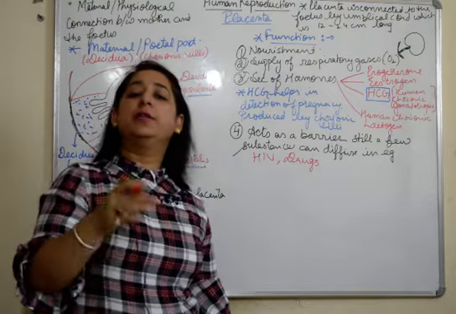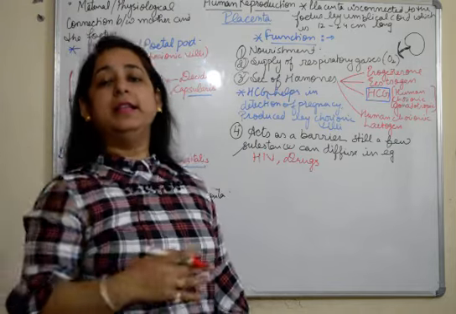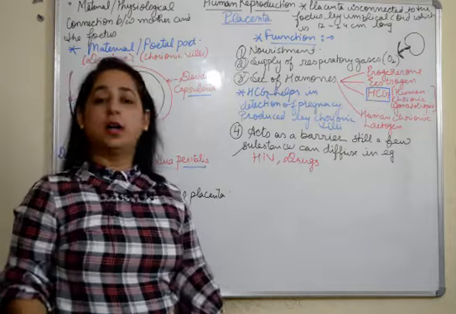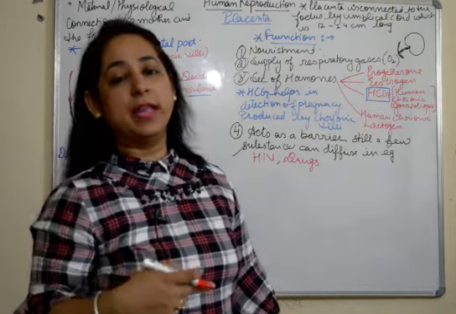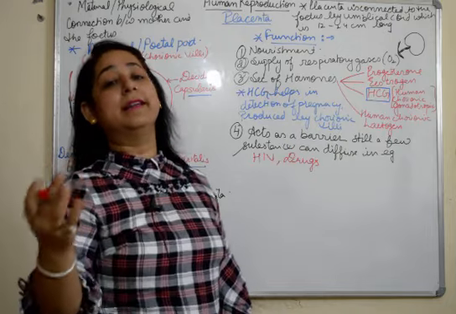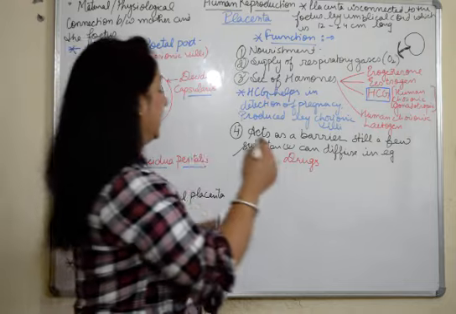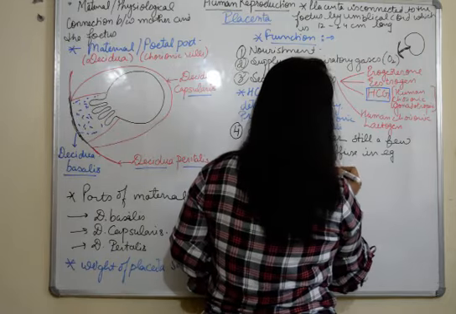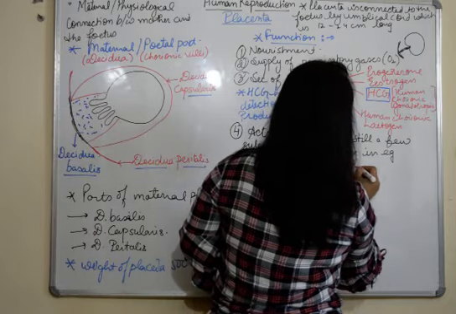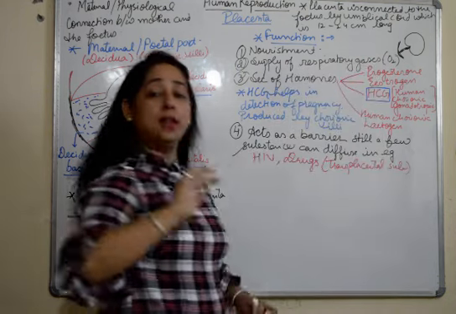So that's why during pregnancy, females are suggested not to take these kinds of drugs. This is also the way in which a female suffering from AIDS can pass the virus to the fetus. These types of substances are known as transplacental substances, fine, which can move in.